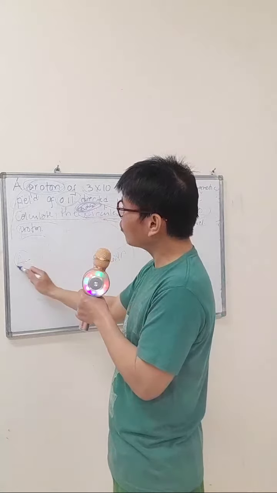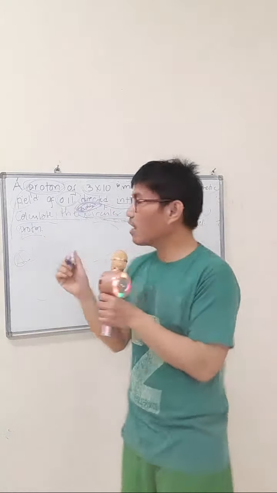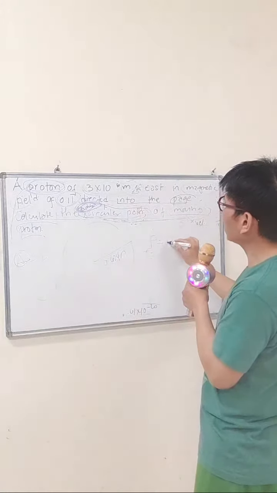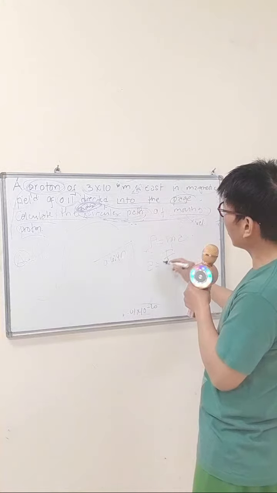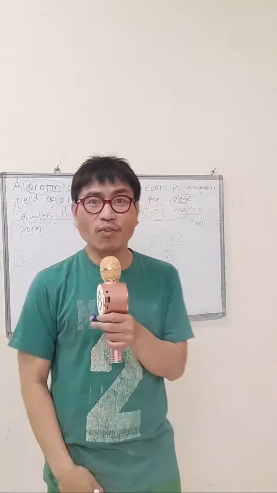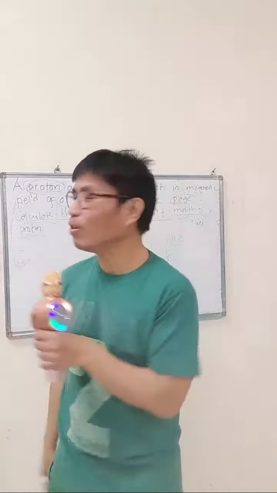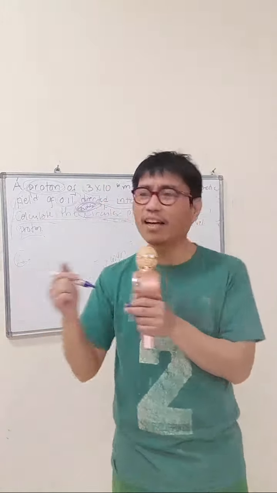I don't have the acceleration, but remember, this is connected to Isaac Newton's second law. So I will say force is equal to mass times acceleration, then acceleration is equal to the force over mass. I have the mass of the proton, I have the force also already computed here, which is the magnetic force. Bingo. I can solve for the time, and the acceleration also as well.